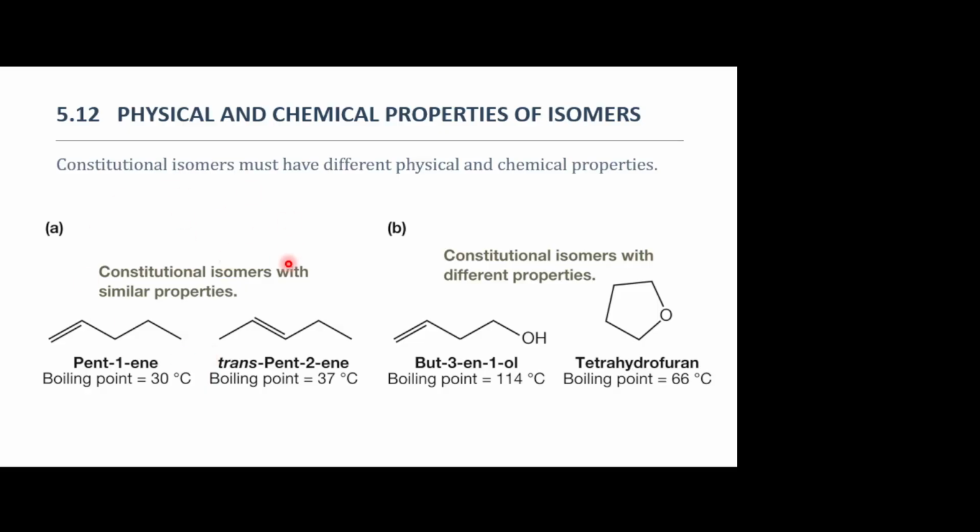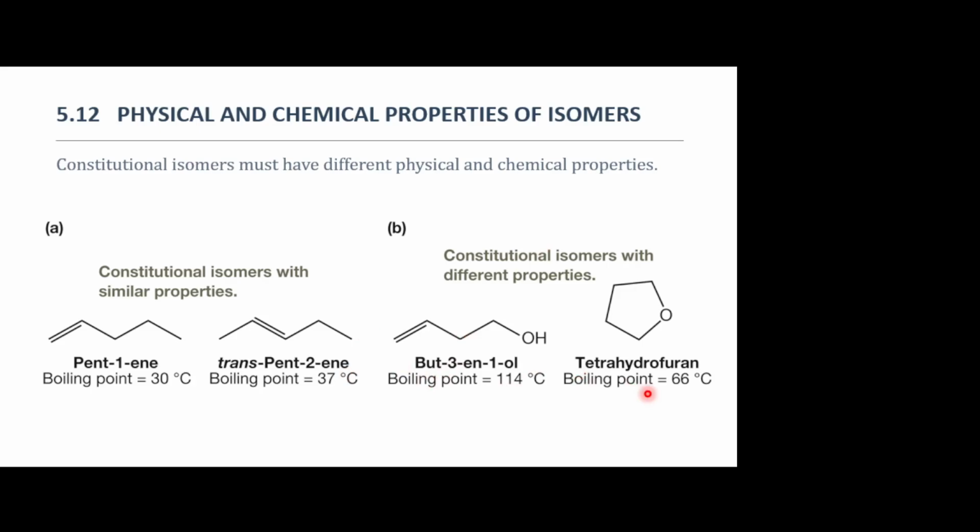Okay. So constitutional isomers have different physical and chemical properties. And so again, this is constitutional isomers. We have the pent-1-ene and the pent-2-ene. And see how they have different boiling points? And so if you wanted to separate these, you could literally just boil one from the other. Okay, that's distillation. Again, here we have a very different boiling point. See that?